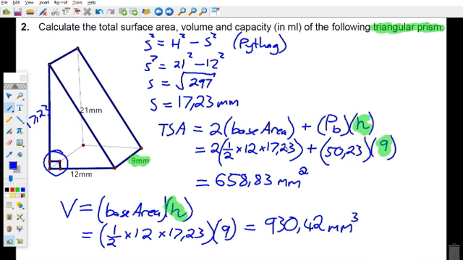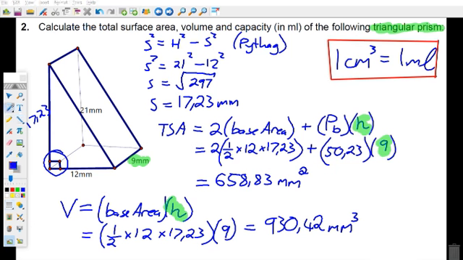Okay, so now they want the capacity in milliliters. We've got to take this and convert it to what first? What's our conversion for milliliters? 1 centimeter cubed is equal to 1 milliliter. Okay, that's important. I'm going to put a big box around it so you can see it.